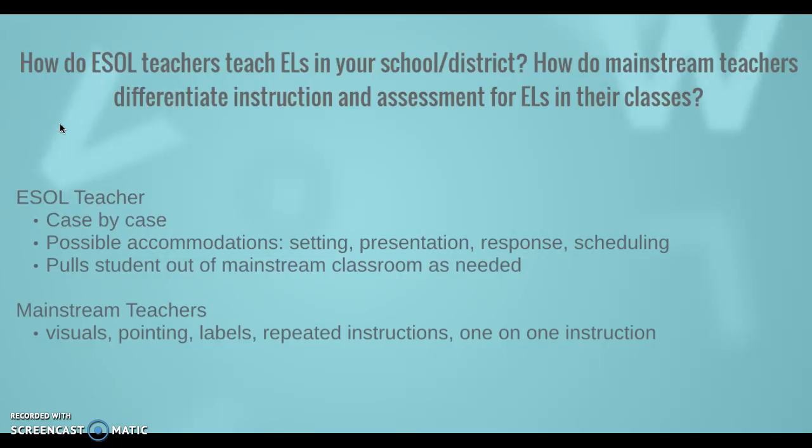Mainstream teachers will use visuals, pointing, labeling, repeated instructions, visual instructions, one-on-one instruction, and both the ESOL teacher and mainstream teacher will collaborate to determine which instruction will be most beneficial for their student.